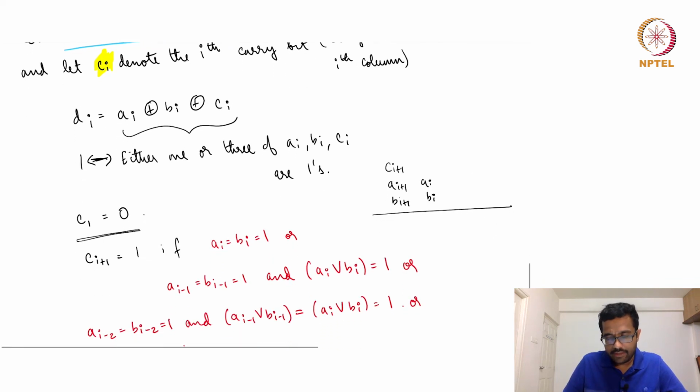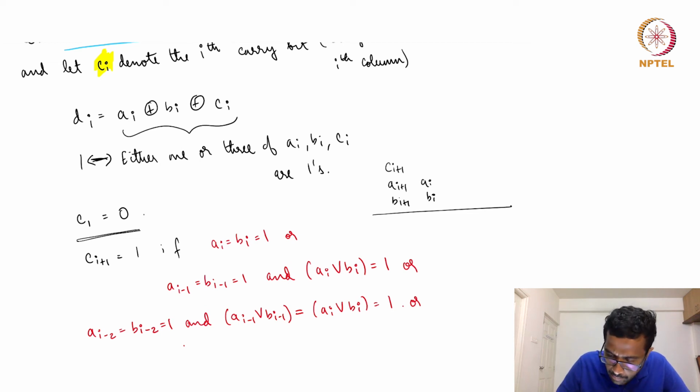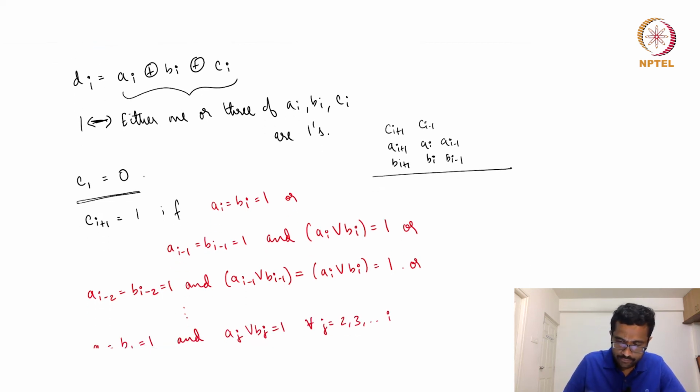Other possibility is Ai and Bi are not both 1s, but at least one of them is a 1. But then they got a carry from Ci minus 1, which means they got a Ci minus 1 as a carry. And how could Ci minus 1 have come? That could have come because perhaps Ai minus 1 and Bi minus 1 are both 1s, right?